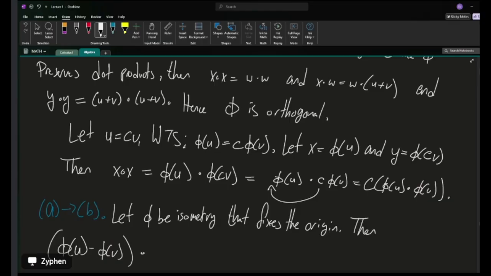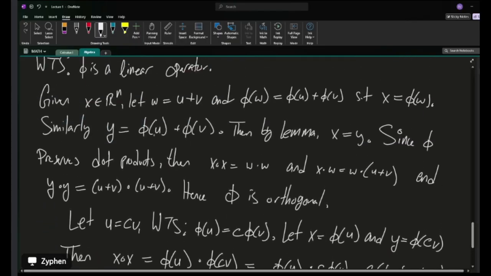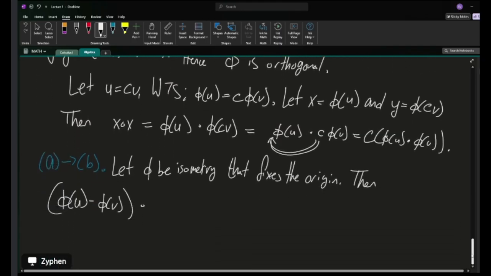Yes, and that's why we have these homomorphic values to just show that it's additive in itself. If we could show that we can in fact take the constant outside, similar to here, and we could also have the fact that phi of u plus v is in fact equal to phi of u plus phi of v, then it shows that it's in fact orthogonal.